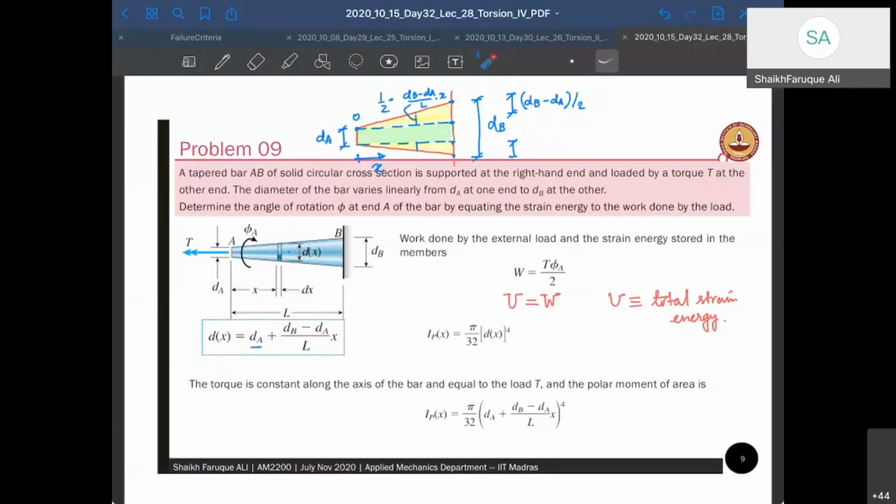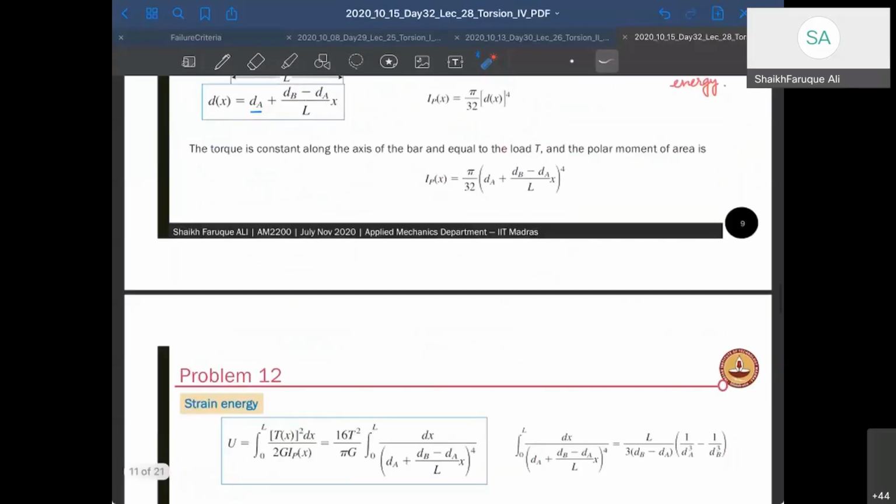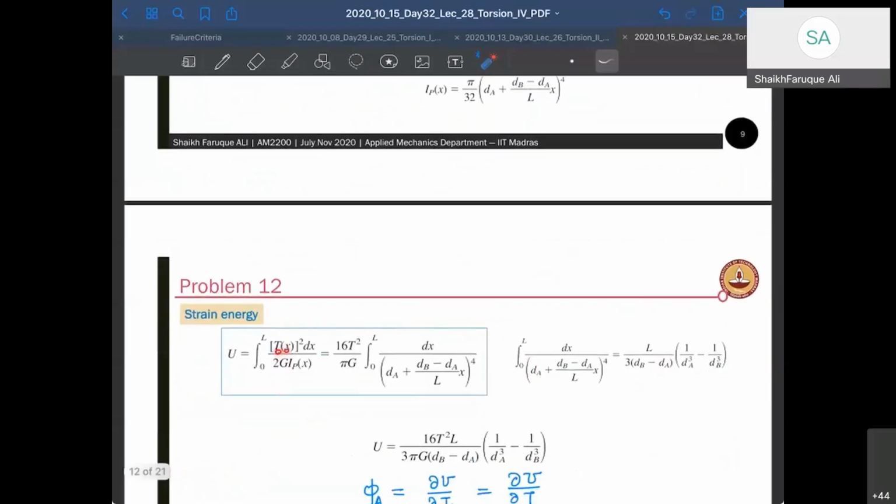So for that dx, I get my Ip, or my polar moment of area, as pi by 32 d(x) to the fourth at that portion. The strain energy at that portion is going to be Tx whole square by 2 G Ip(x) into dx, right? And then you can just integrate it from 0 to L.